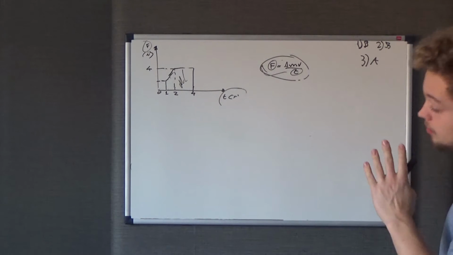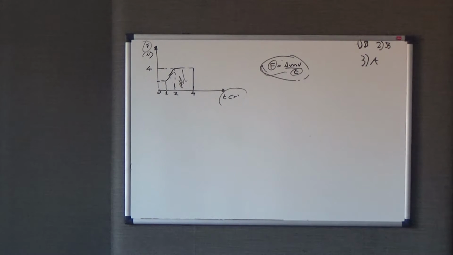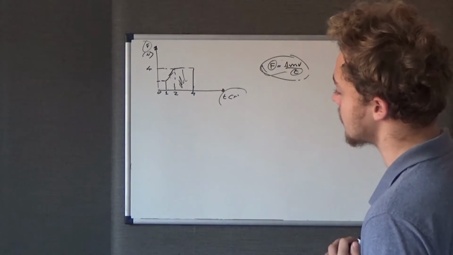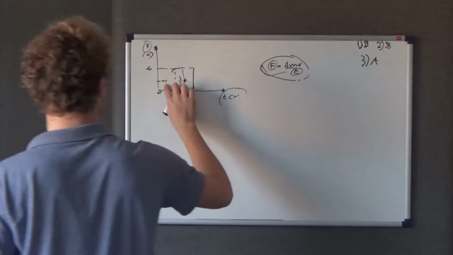Then from 2 seconds to 4 seconds there is a constant force of 4 newtons, and then after 4 seconds there is no force at all. So what we've got here basically is a triangle and a square. Now it's very easy, basically. The change of momentum is, as you can see from the equation, force times time.